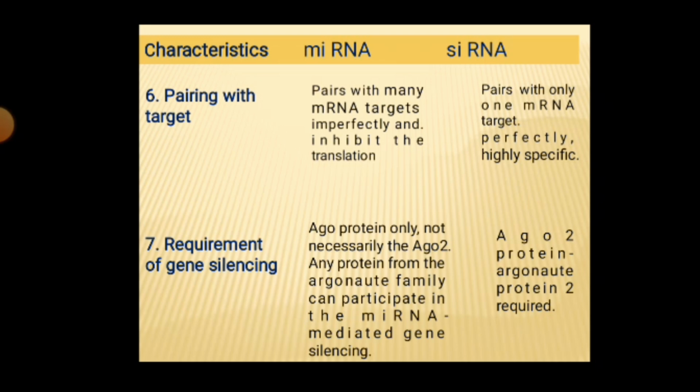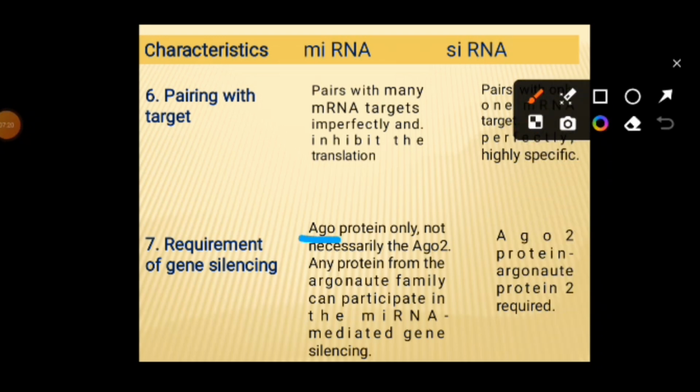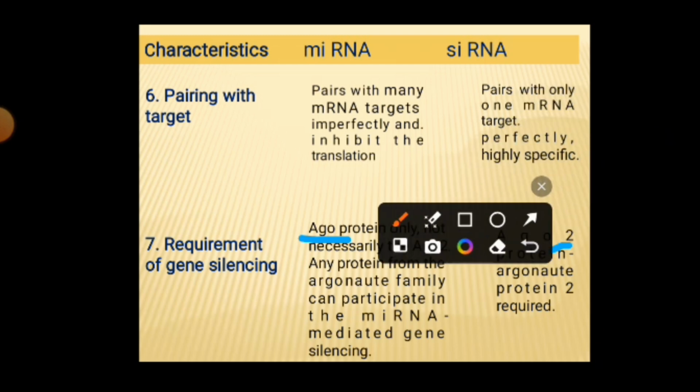Not any other kind of AGO protein is required for the gene silencing. So in case of miRNA, any kind of AGO protein can participate in gene silencing, whereas in siRNA, the AGO2 protein, this very specific, is required for gene silencing.